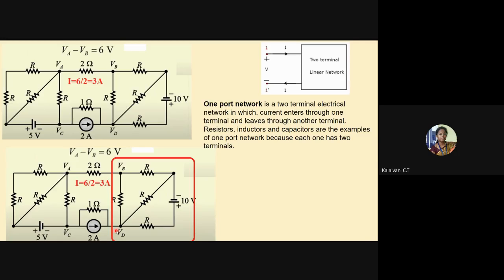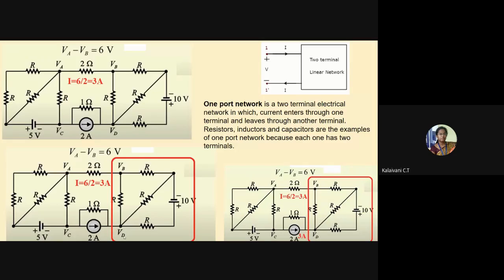The condition for a one port network is a two terminal electrical network in which the current entering through one terminal and leaving through another terminal will be the same. So resistance, capacitance, anything can become a one port network. So the outgoing current will be 3 amps.